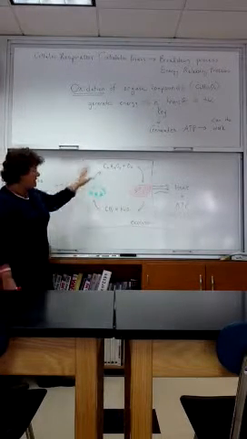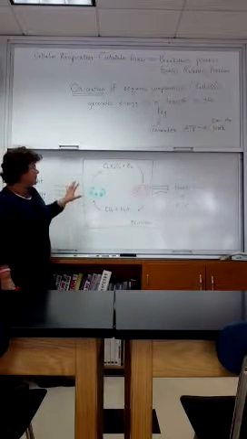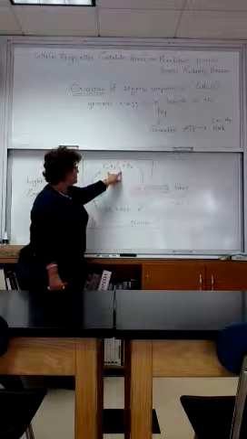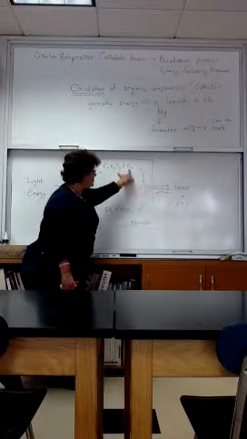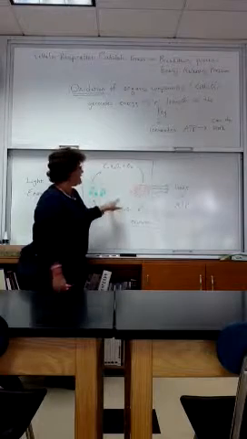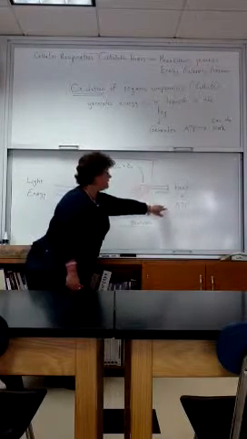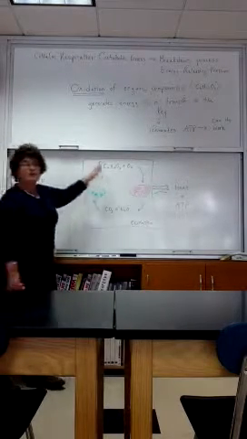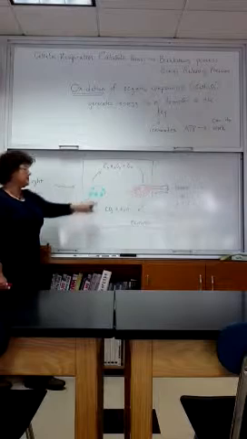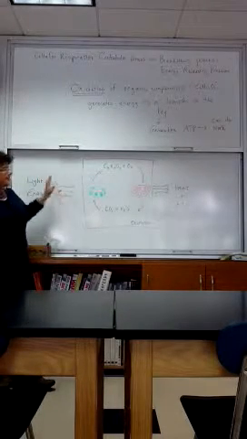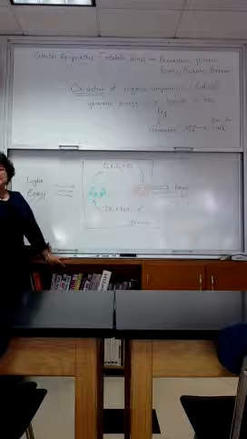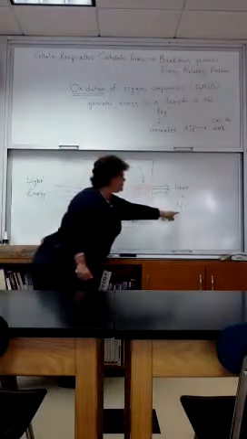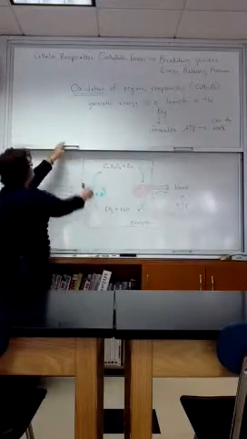But in the big picture, in the big scheme of things, this process of cellular respiration, breaking down glucose using oxygen into carbon dioxide and water, and in the process generating heat and ATP, energy, is linked to this other process called photosynthesis, okay? So this is the big picture. So now let's just focus on cellular respiration, breaking down glucose to form ATP.